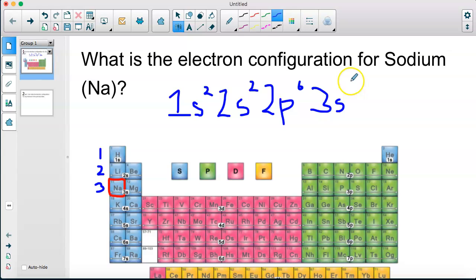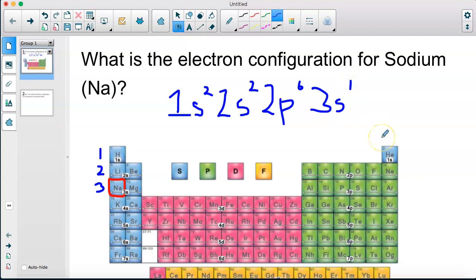It's 1, because sodium is in the first column of the s group. If we were talking about magnesium, it would be 3s2. But since sodium is in the first column of our s group, it's 3s1.